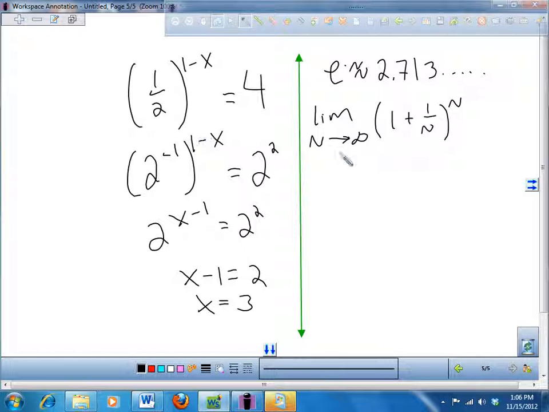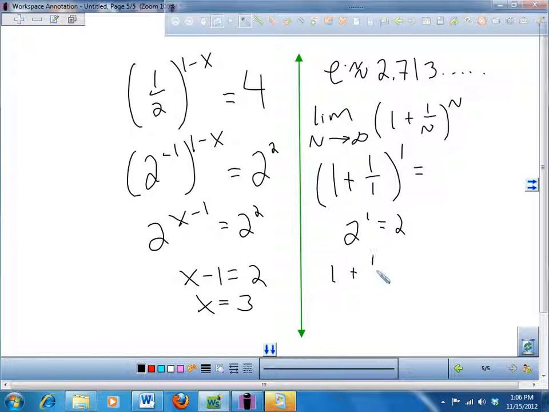So this means as n gets very, very large. Let's just plug in 1 first, okay? 1 plus 1 over 1 raised to the 1, and that becomes 2 to the 1, which is 2, right? But then let's go up to n equals 2.